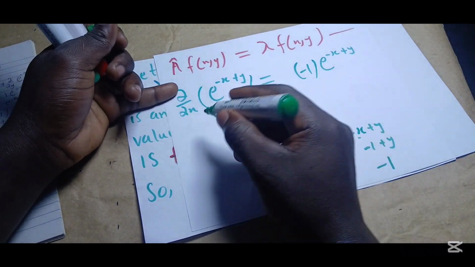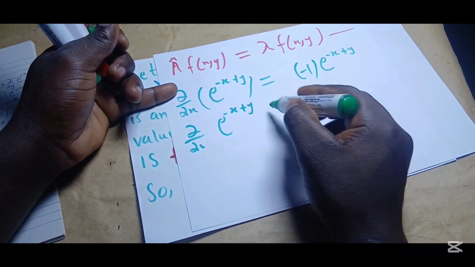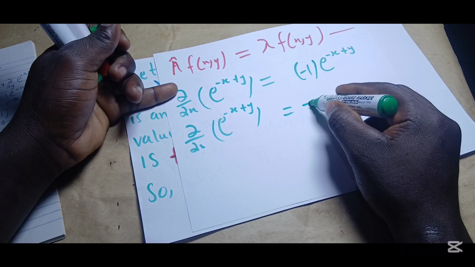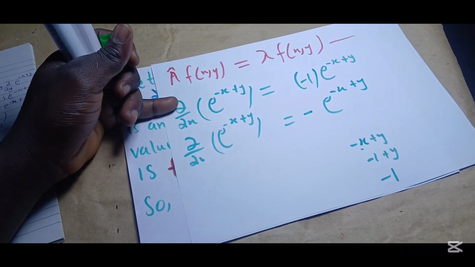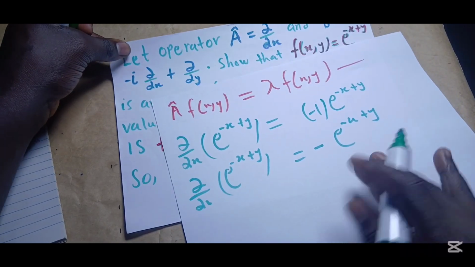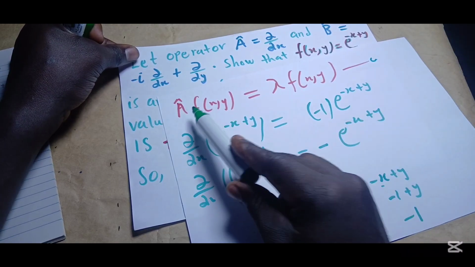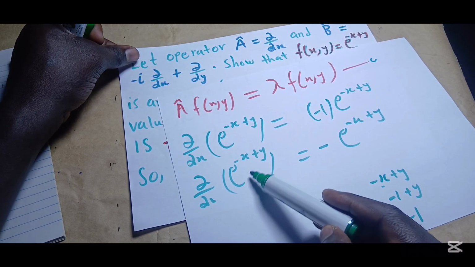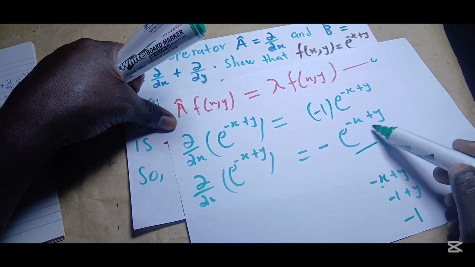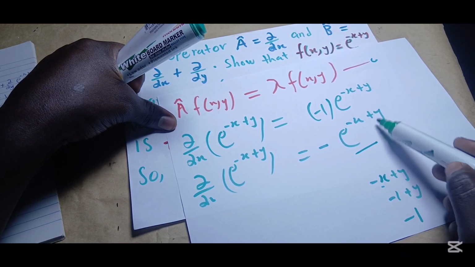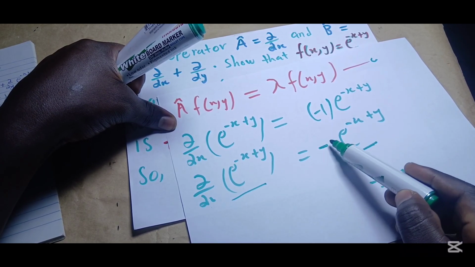So let's simplify it further. d over dx of e to the power minus x plus y equals -1 times e to the power minus x plus y. Comparing this to the general equation, we have the operator A operating on the function e to the power minus x plus y, giving us the same function back, with a constant -1.